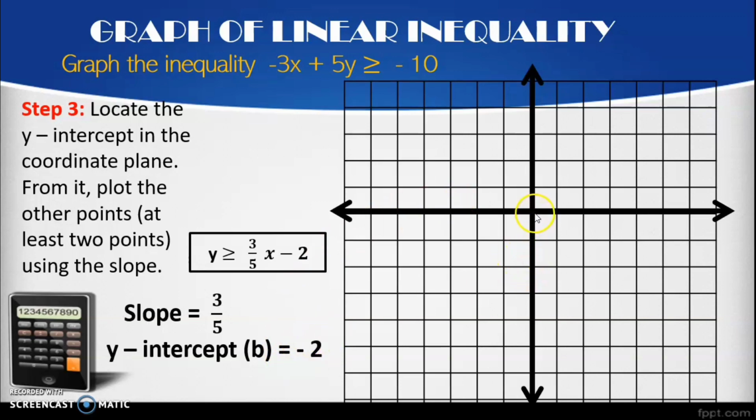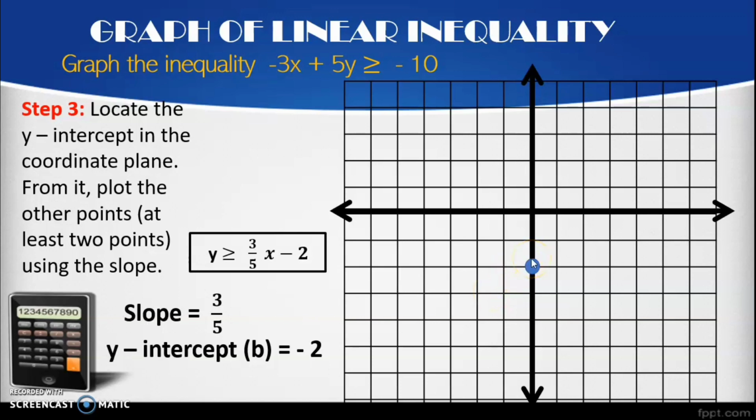So, negative 2, ibig sabihin, going down. So, negative 2, 2 units going down, 1, 2. So, this is our y-intercept. Next, galing dito sa y-intercept natin, ipa-plot na naman natin ang ating slope, which is 3/5.